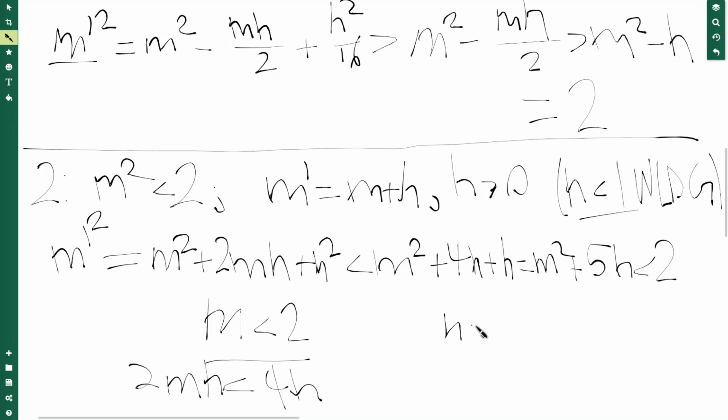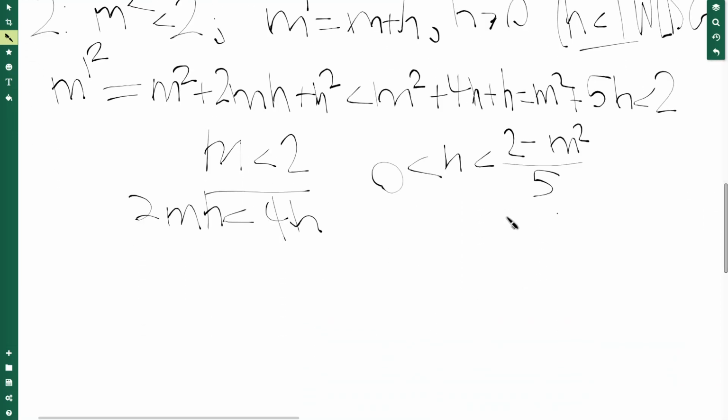So solving for h gives us that the condition for h is any h less than 2 minus m squared over 5. And note that h still has to be greater than 0. Okay, so now let's just take h to be 2 minus m squared over 5.